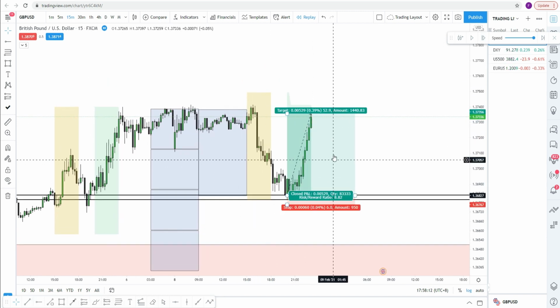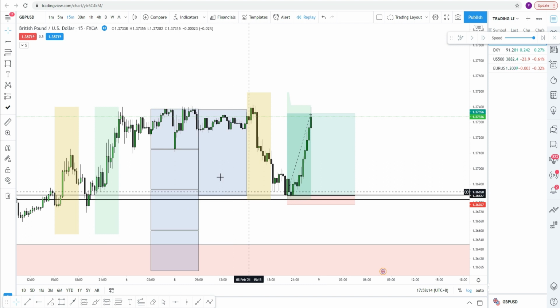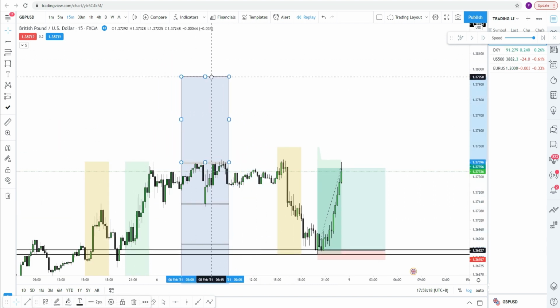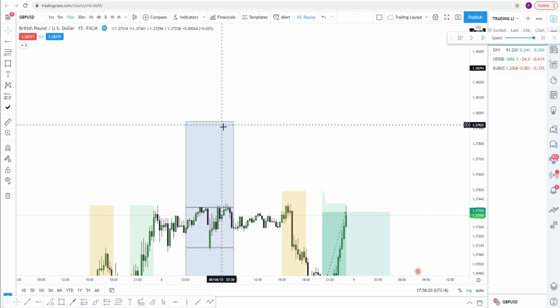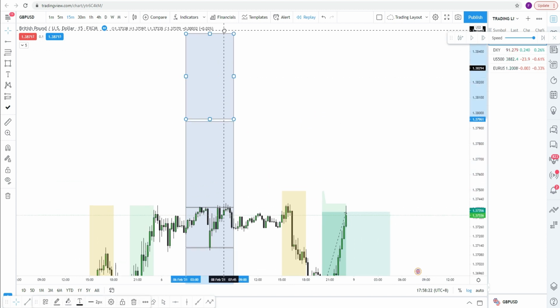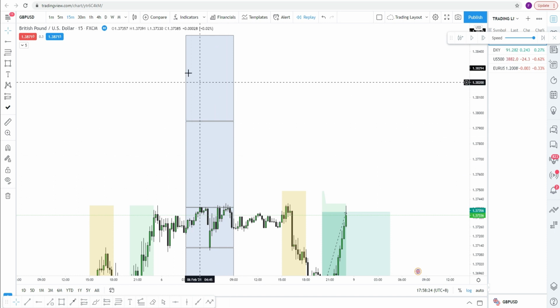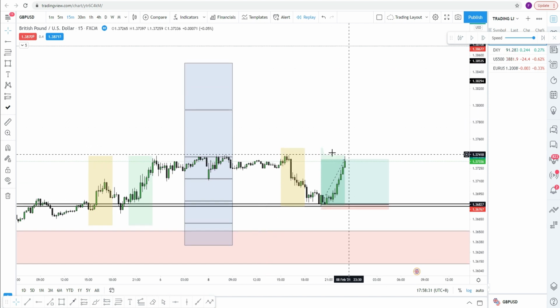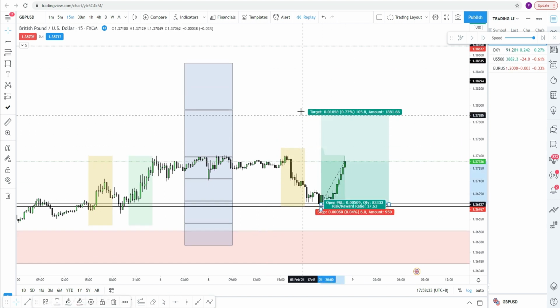Now you can see that it reacted exactly at this point, right? So what you're going to do is put this up on top. Put another one. And this is considered 2 standard deviations. So then what are you going to do with these 2 standard deviations? Well, you're going to keep it as a profit target. Where? Here or here.